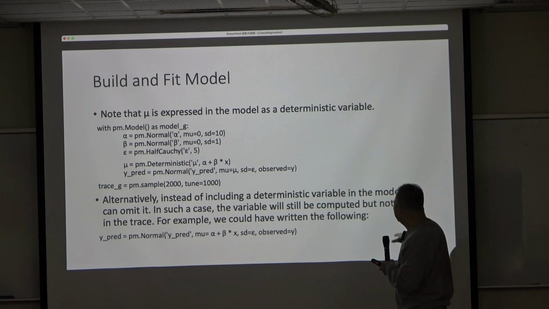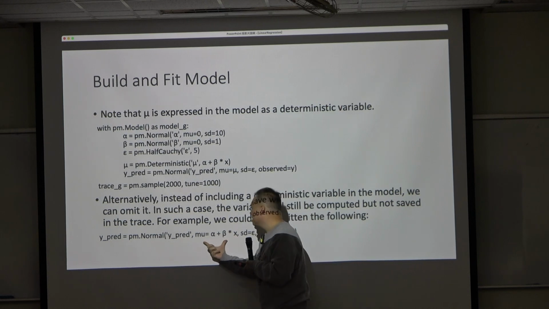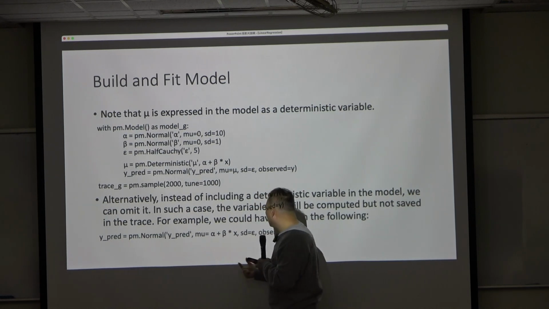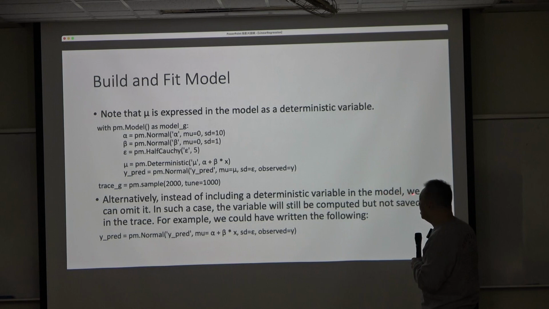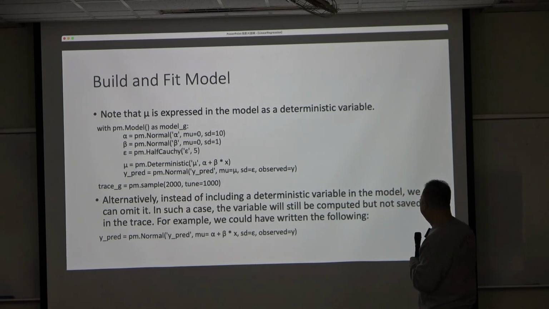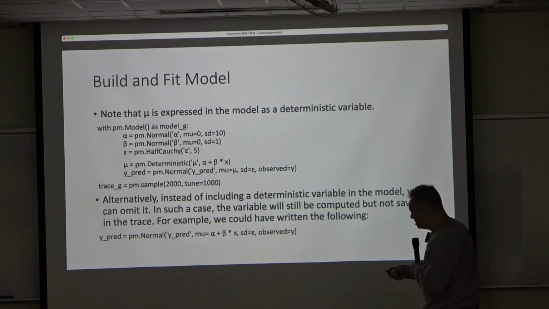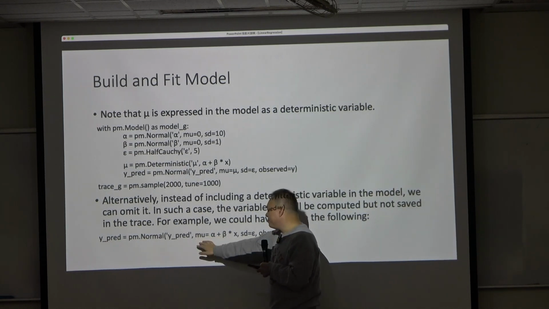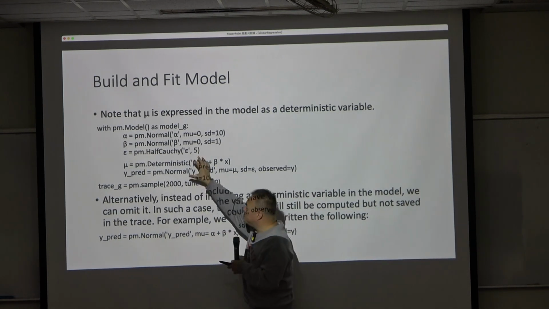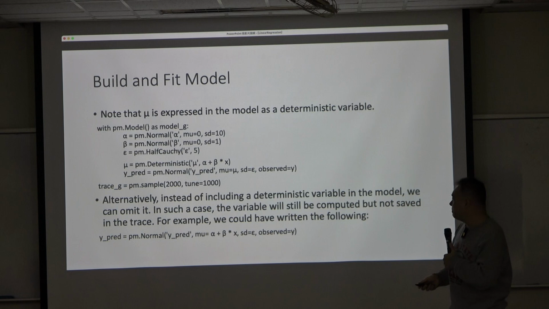If you put it inside here, the variable will still be computed, but not saved in the trace. You can put it here, but it will not be saved. If you put it here, the trace will record everything.